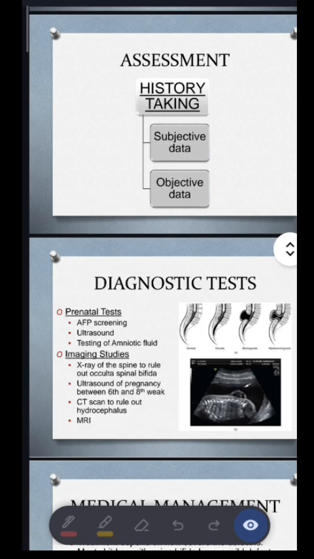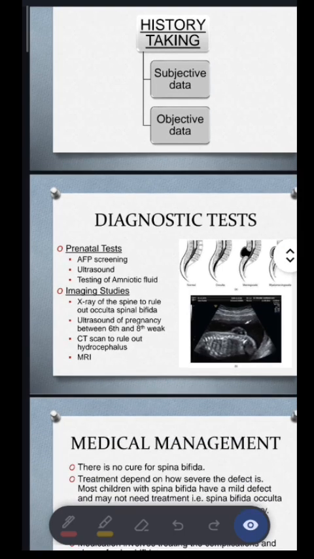Then we can assess by history taking, subjective and objective data. Then diagnostic tests such as prenatal tests, such as the AFP test, alpha-fetoprotein screening, then ultrasound, then testing of amniotic fluid. That is a common practice.